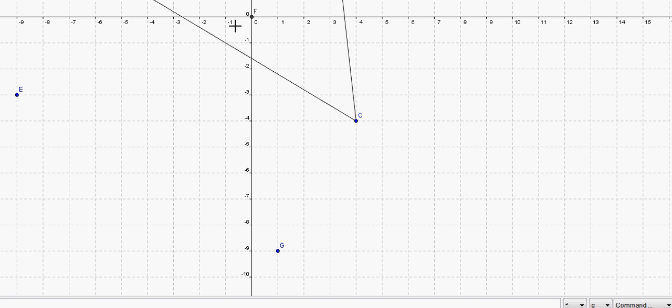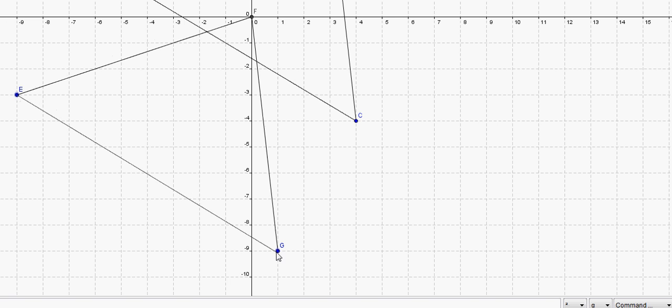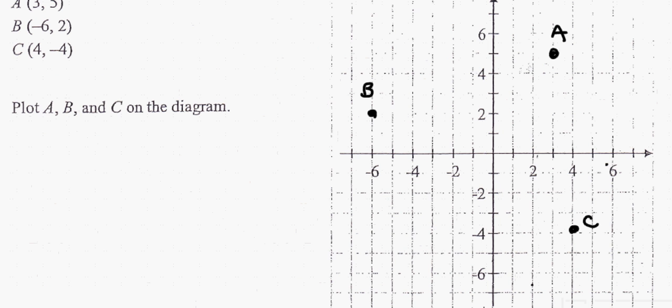Okay, so here we go. Three across, okay?